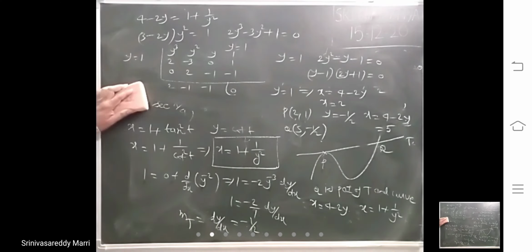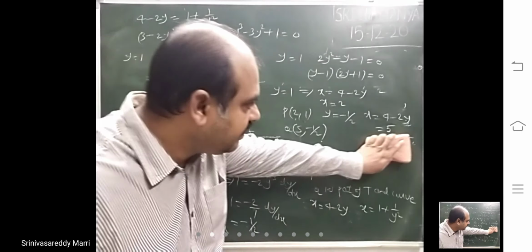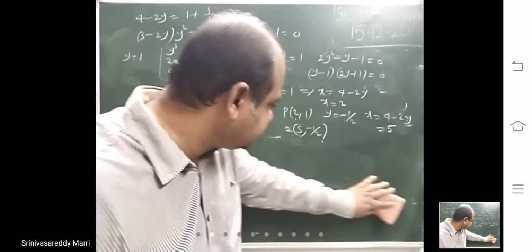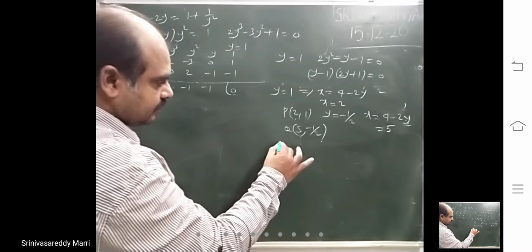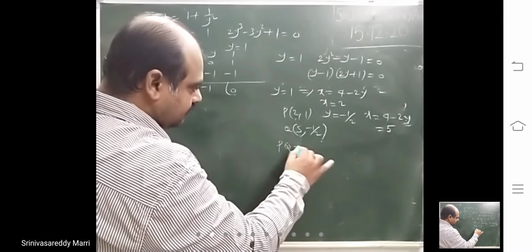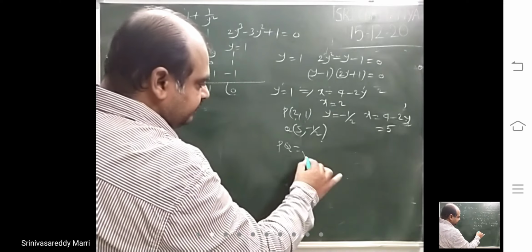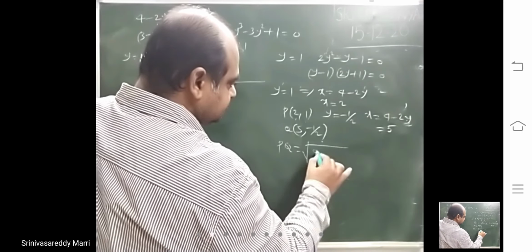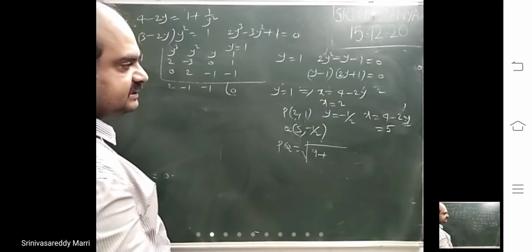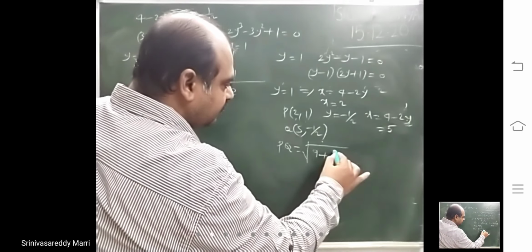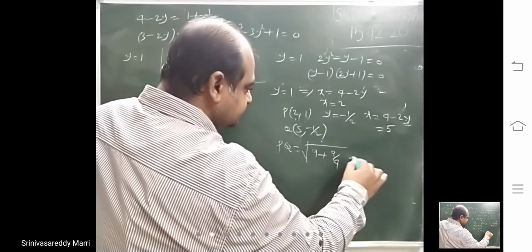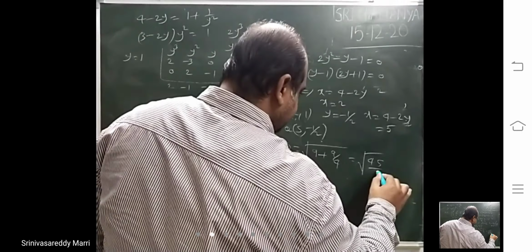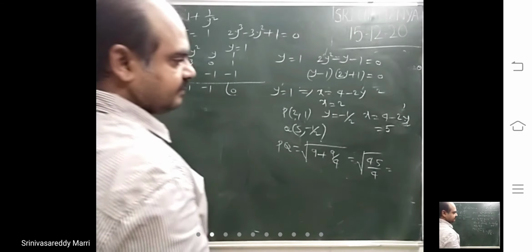So therefore, you want the distance between P and Q. That is your answer. PQ is nothing but root of (5 minus 2) whole square, 9, plus (1 plus 1 by 2) whole square, 3 by 2 whole square, 9 by 4. 36 plus 9, 45.